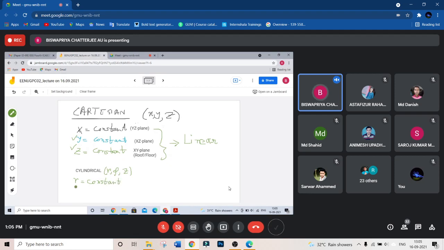If phi is constant, what will happen? And if z is constant, what will happen? If anybody can answer this, you are very much welcome.